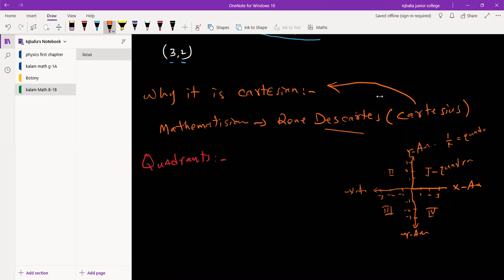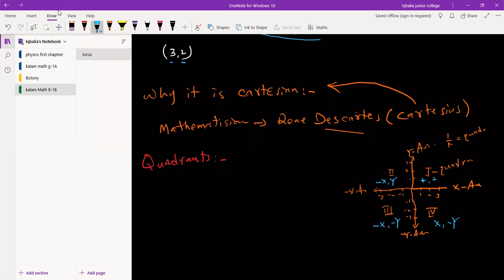Now you can see in the first quadrant x is positive and y is positive. In the second quadrant x is negative, y is positive. In the third quadrant x is negative, y is negative. In the fourth quadrant x is positive, y is negative.